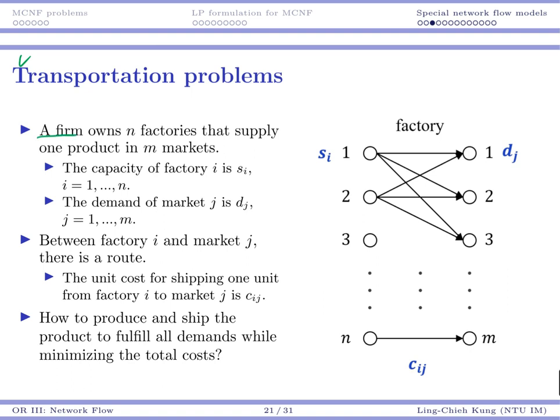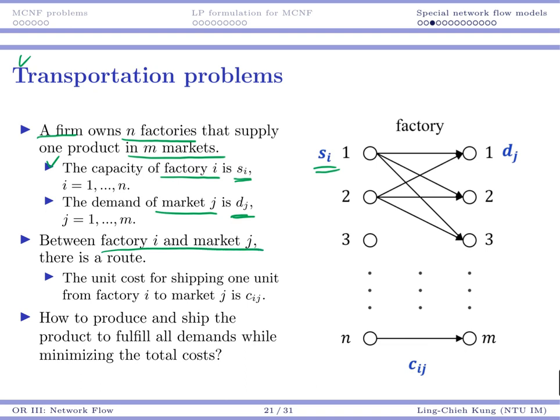Let's say there is a firm owning N factories and supplying one product to M markets. The capacity of factory i is called S_i, the amount that they can produce. The demand for market j is D_j, the amount of items they need at that market.